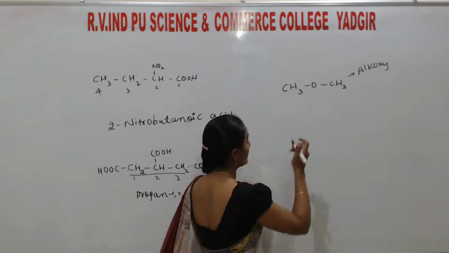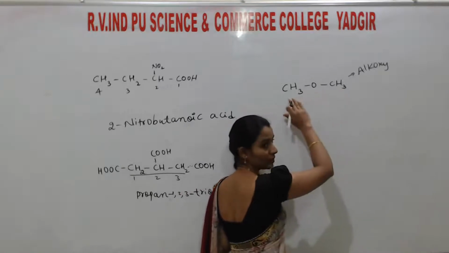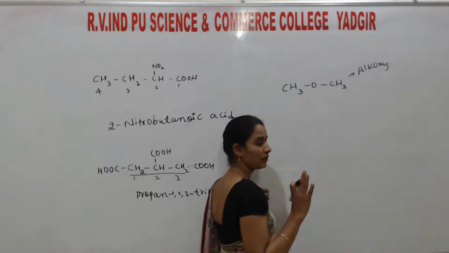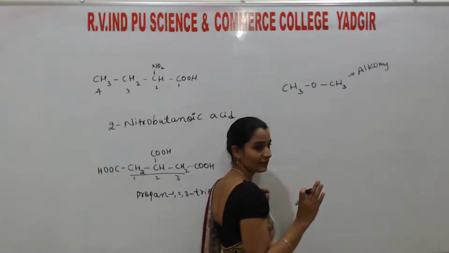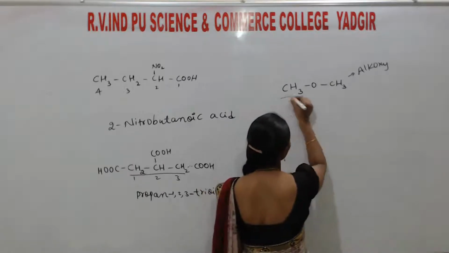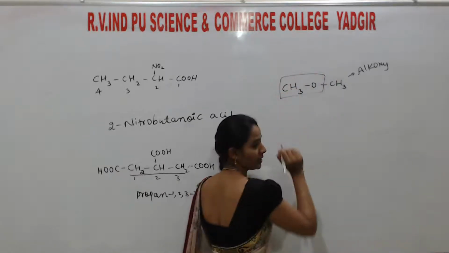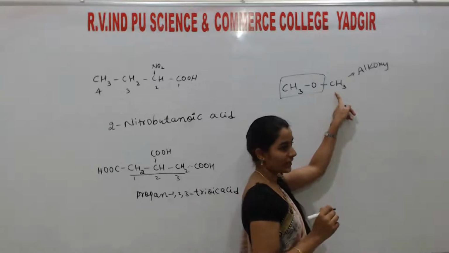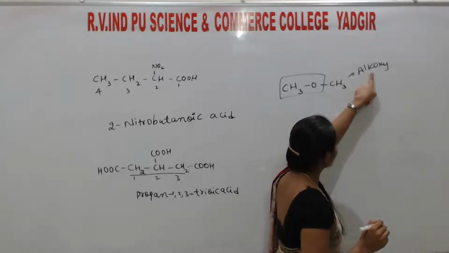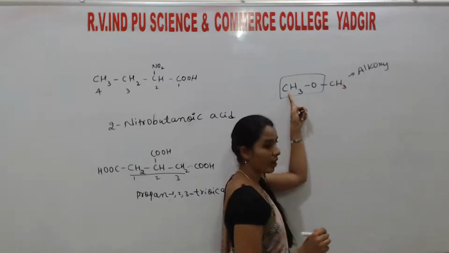So students listen. Here on both sides, the CH3 group is the same, meaning the carbon atom is the same. Correct? So here one is alkoxy, another one is the parent chain. This alk represents what? Number of carbon atoms.